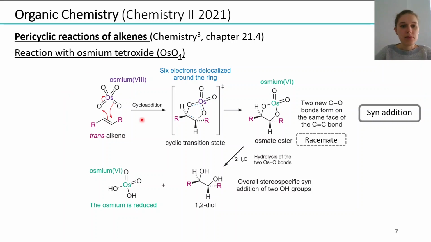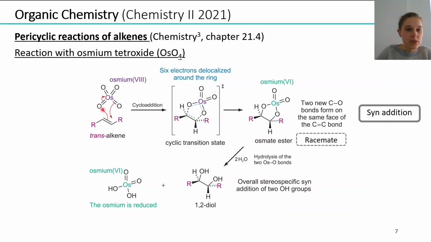So then we already know that the nucleophile will be the carbon-carbon double bond, and we can see here the red arrows which indicate already what happens. So we approach with the trans alkene to this osmium tetroxide, and then the double bond of the alkene will attack one of the oxygen atoms of the osmium.